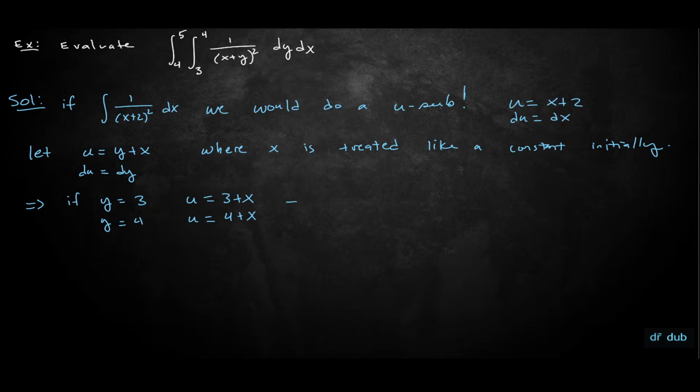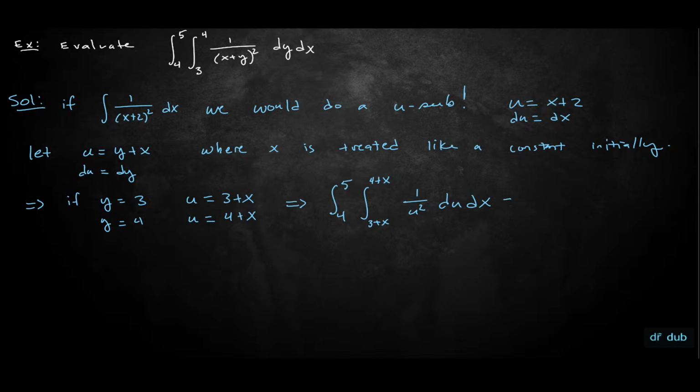So making all of these substitutions into our integral, we get the integral from 4 to 5 for x, integral from 3 plus x to 4 plus x for y, and then 1 over u squared du dx. So basically we eliminated the y variable and turned this integral into only terms of u. And now we know how to integrate 1 over u squared. That's negative 1 over u.